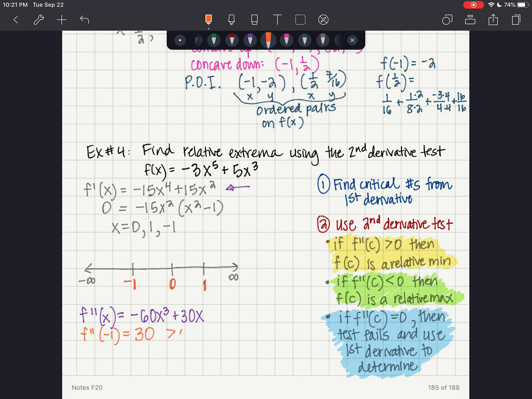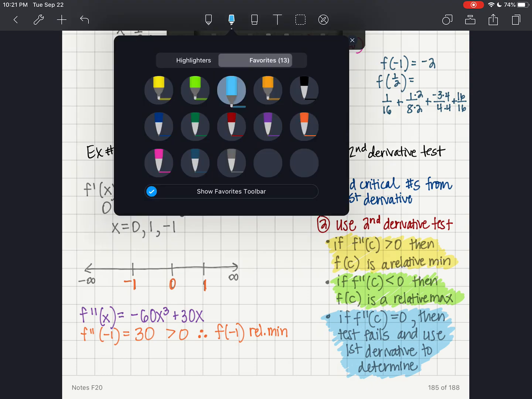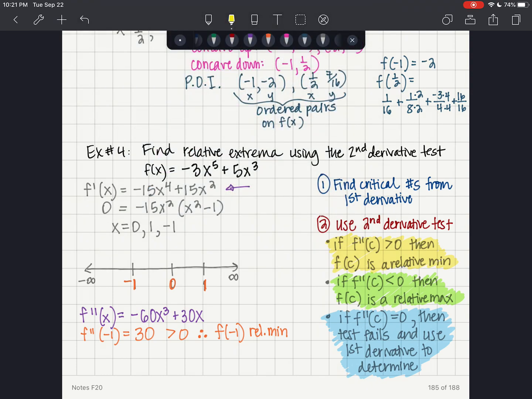So 30 is greater than 0. Therefore, f of negative 1 is a relative minimum. Excellent. That one right there I'm going to highlight in yellow because that happens to be greater than 0. It matches. F of negative 1 is a relative min.